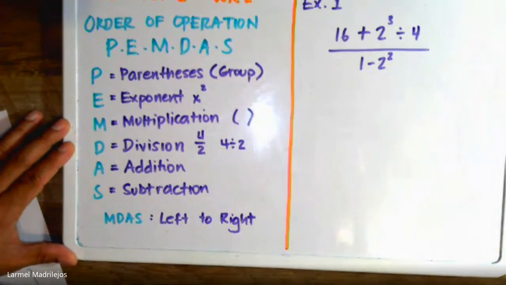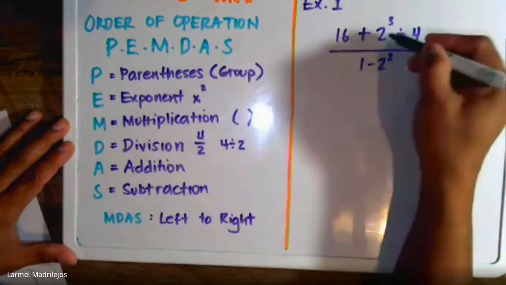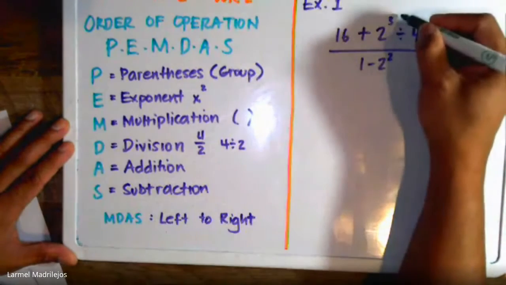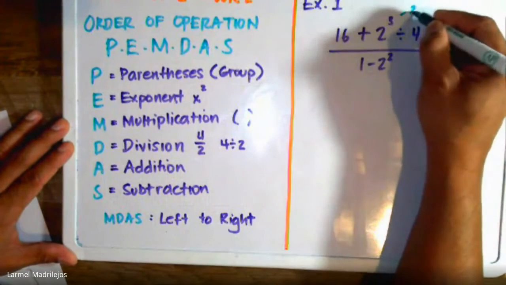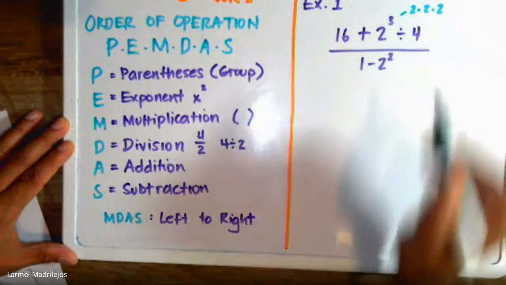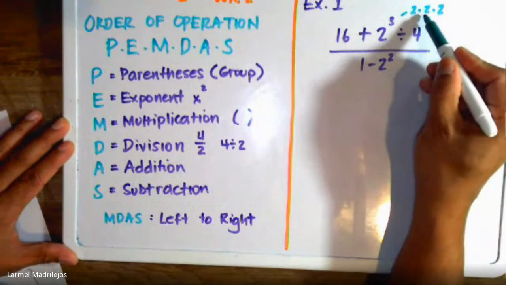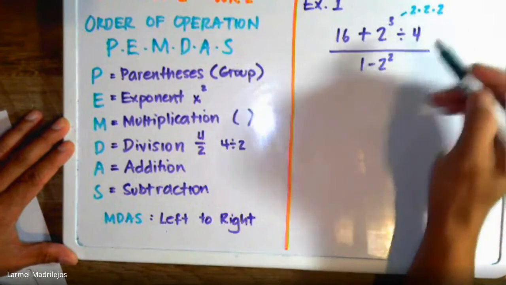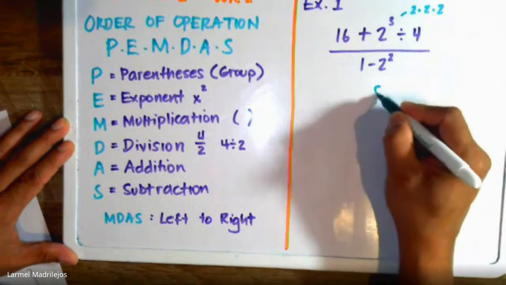The first thing I'm going to do is deal with 2 raised to 3. What's 2 raised to 3? This is 2 times 2 times 2. So 2 times 2 is 4, times 2 is 8. So that number is positive 8.